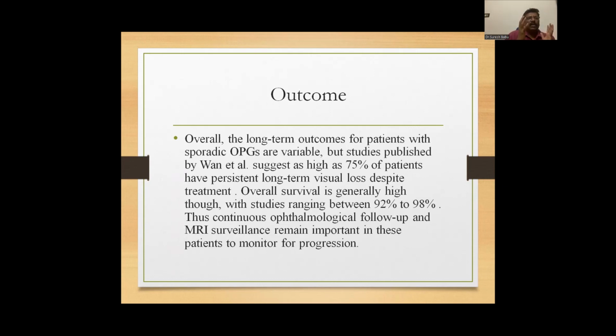Overall the survival rate is high, ranging from 90 to 98%. So this requires continuous ophthalmological follow-up and MRI surveillance. These two remain important for the patients to monitor the progression of the disease. Next slide, please.